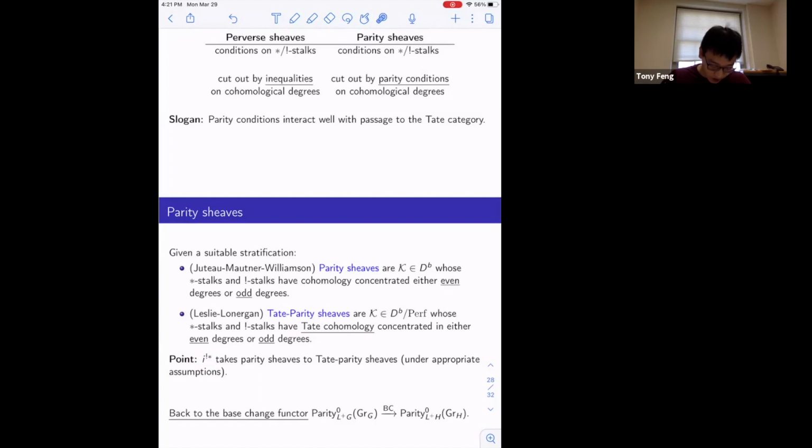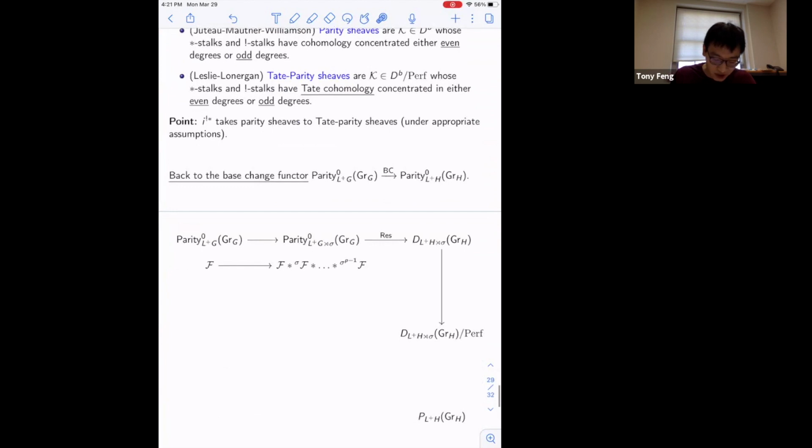Okay, sorry, I see I'm out of time, but let me just take 1 minute to summarize how this lets you construct this base change functor. Except now we're not going to talk about perverse sheaves, but talk about parity sheaves. Actually, under the goodness assumptions, these are inside the perverse sheaves, so it's not too far off.